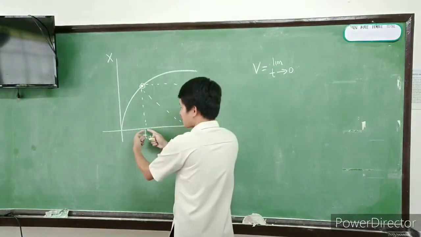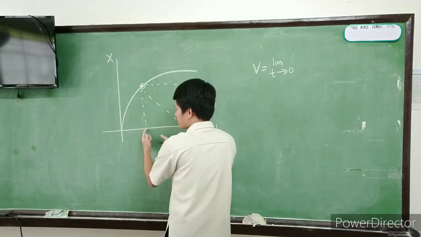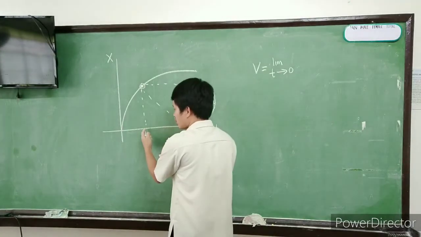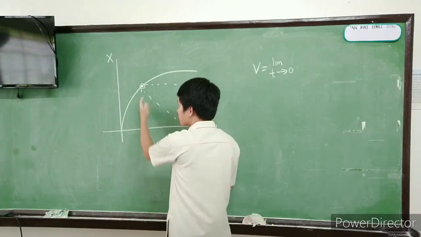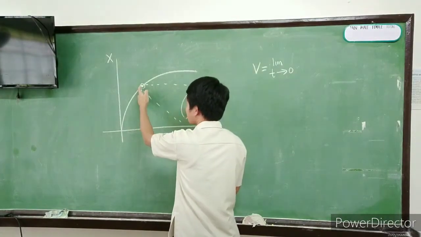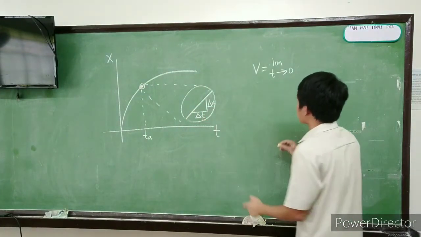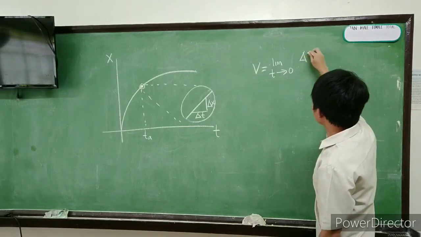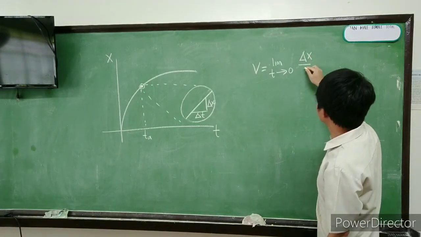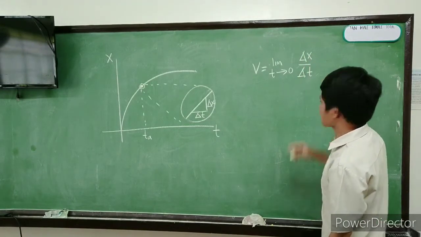When time approaches 0, at this particular very small interval of time, kukunin nila yung change in x over change in time, delta x over delta t.